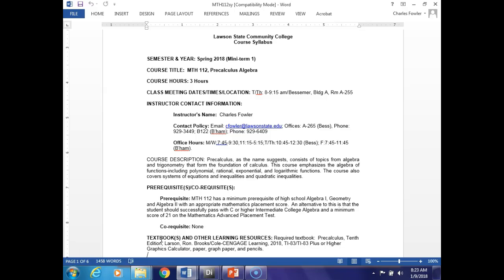My office is A265. Let me show you sort of where that is on our little diagram over here. Some of you know this, but not all of you. Here's where we are in this corner classroom right here. When you go out the door here, you take a left, and you go down the half flight of stairs, toward the orientation room, that room at the end.